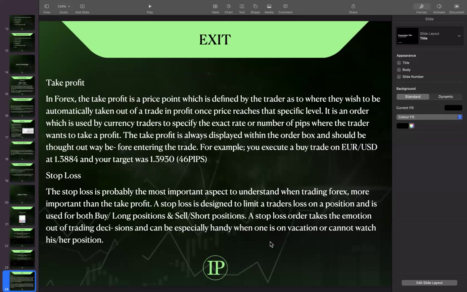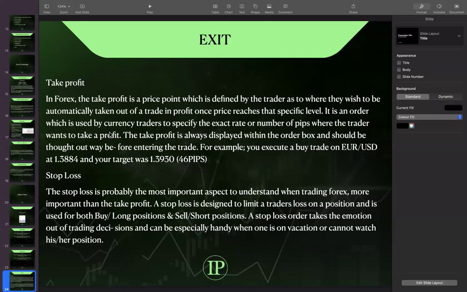You will see it on your terminal window, all right? Or if you want to set a specific level or target that you believe the market is going to go to, or you want to save your account and you don't want price to go any further, then you will use one of these two.